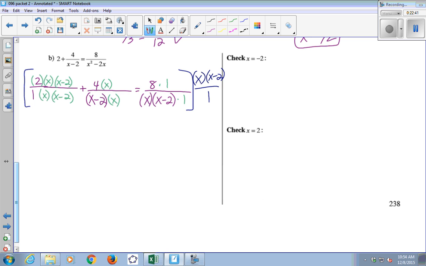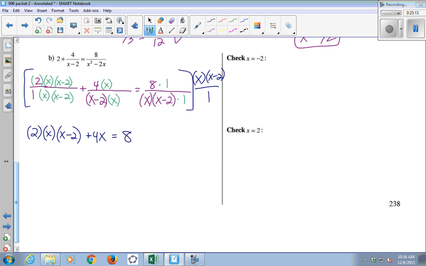Think of it as distributing that common denominator to the parentheses. And all my denominators are going to cancel. So I'm just going to be left with 2 times x minus 2 plus 4x equals 8. So you build the common denominator, you get rid of the common denominator. All you're left with are the numerators.